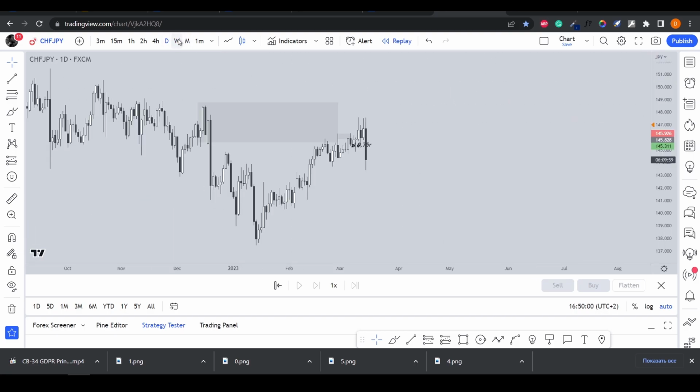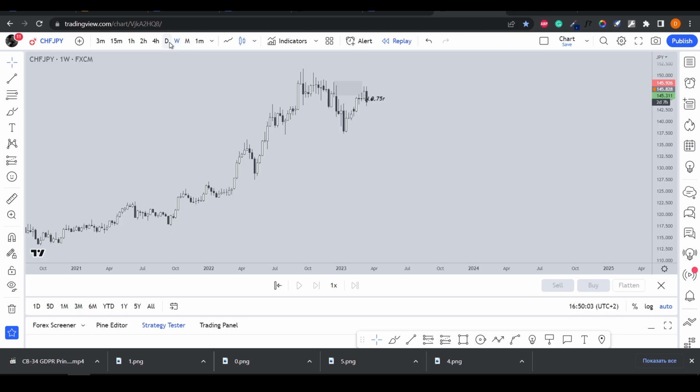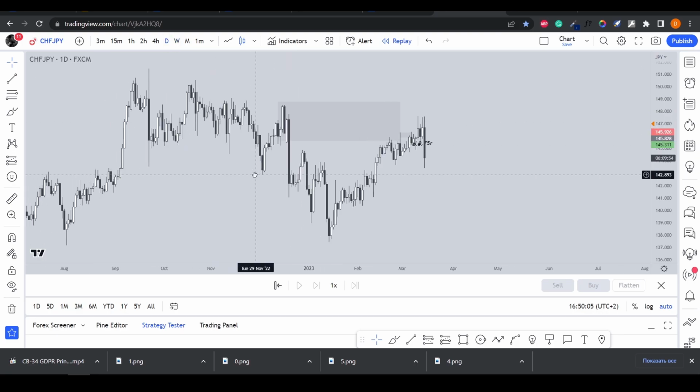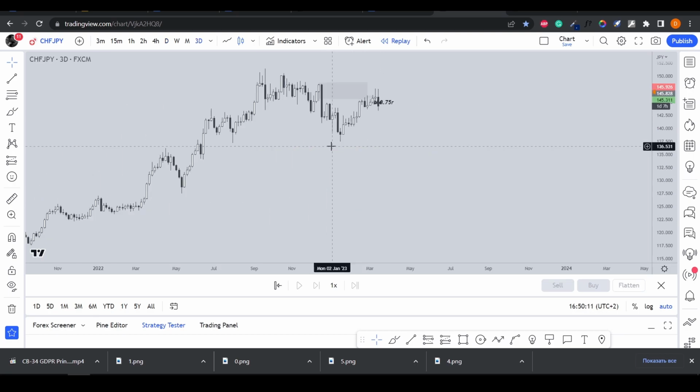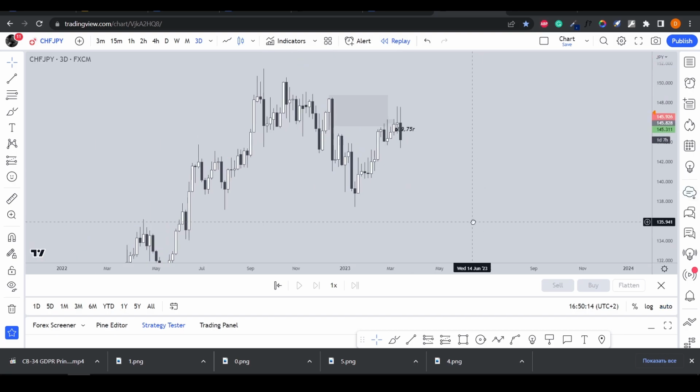On daily, we had these shifts of structure, which currently, I was looking at on 2 days or 3 days, I was looking at this move.